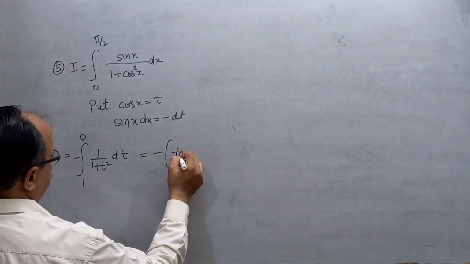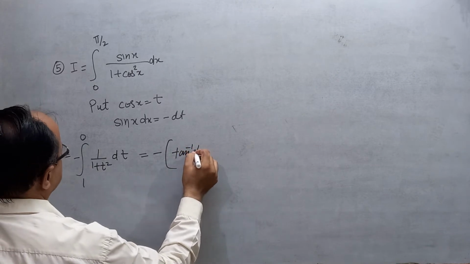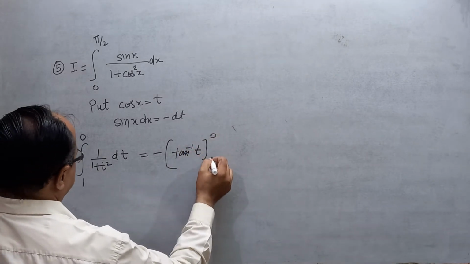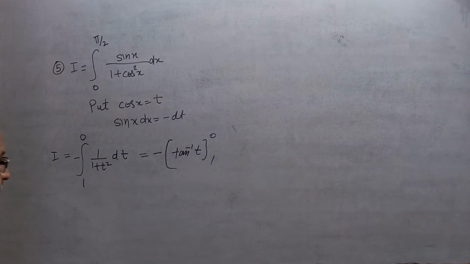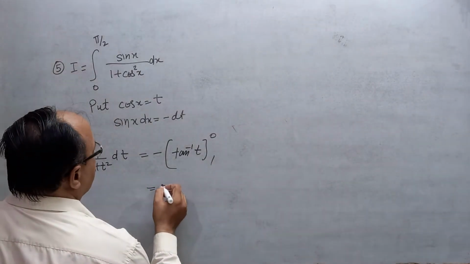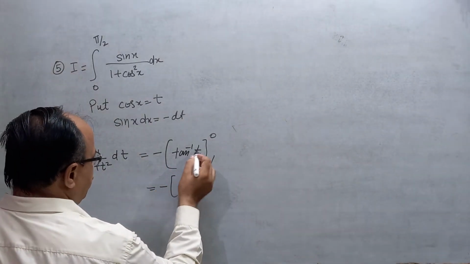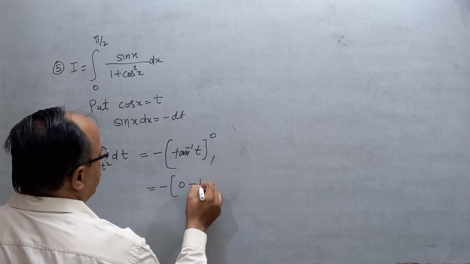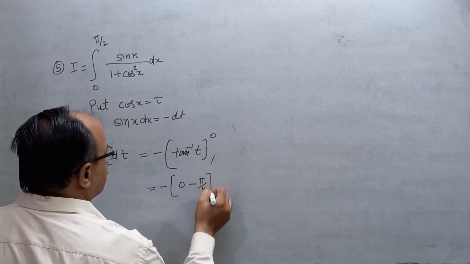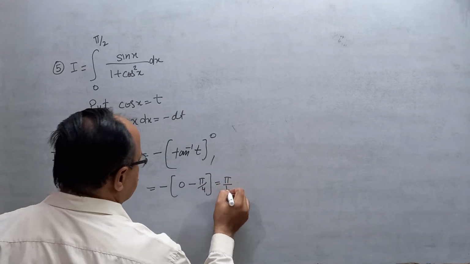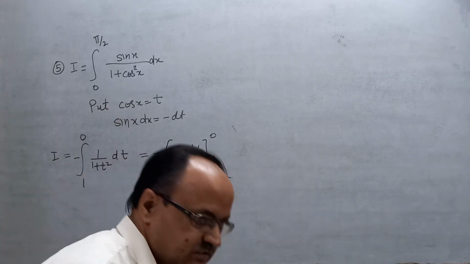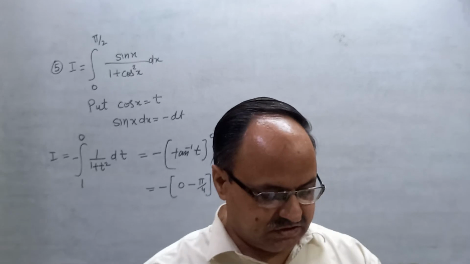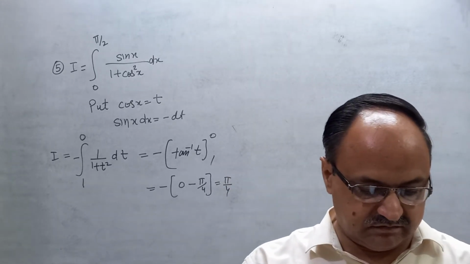That is tan inverse t, from 0 to 1: tan inverse 1 minus tan inverse 0, that is pi by 4. Therefore, the answer of this question is pi by 4. Clear?